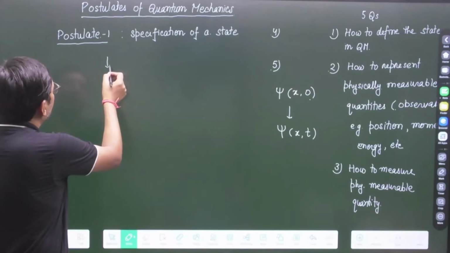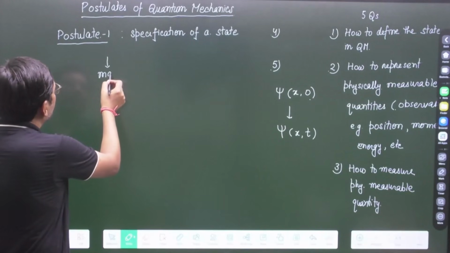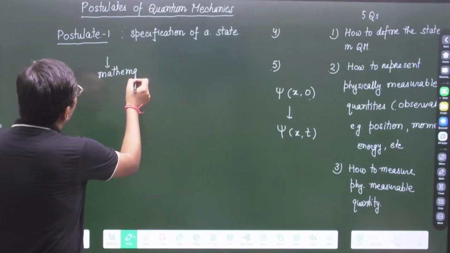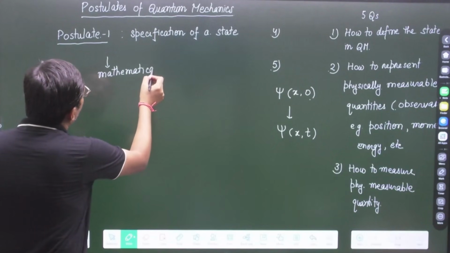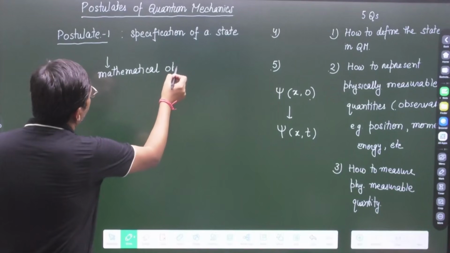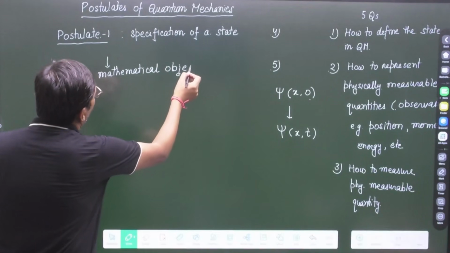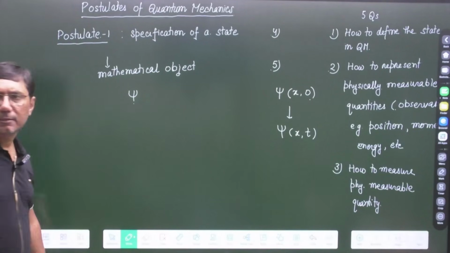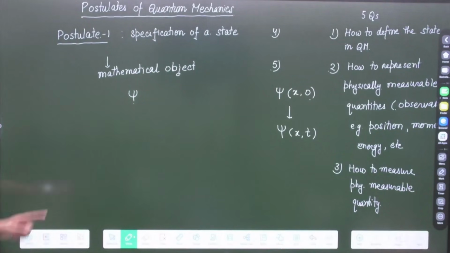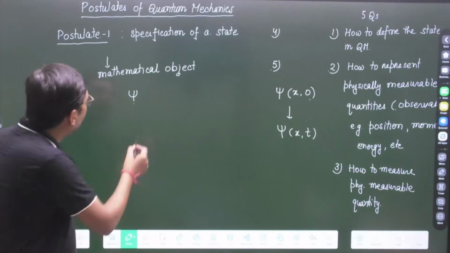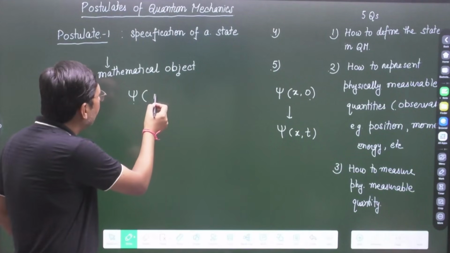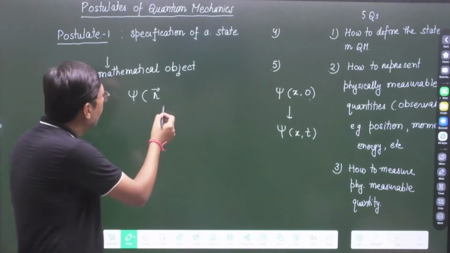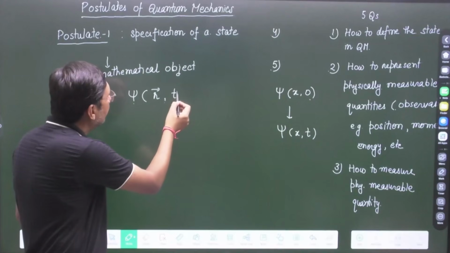So a mathematical object was introduced, that is written as psi. This psi will be a function of position, so I am writing r. When I write r, it means x, y, and z, and it will also be a function of time.